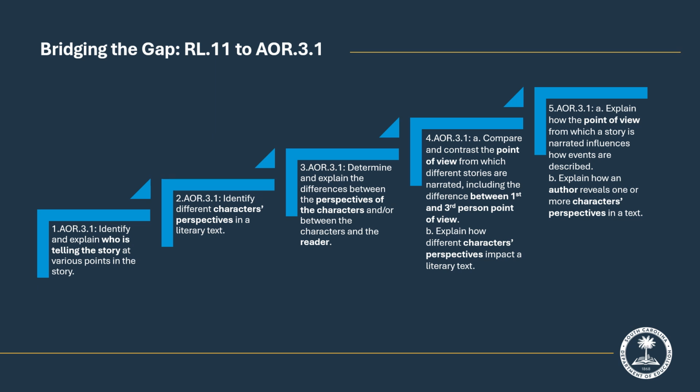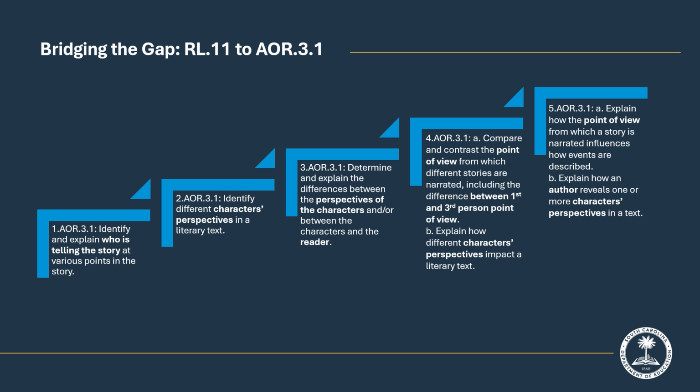Now let's look at the articulation of AOR 3.1 from the 2024 standards before we discuss why this is important for teachers. In 1st grade, students are asked to identify and explain who is telling the story at various points, which implies that a text may have more than one narrator.